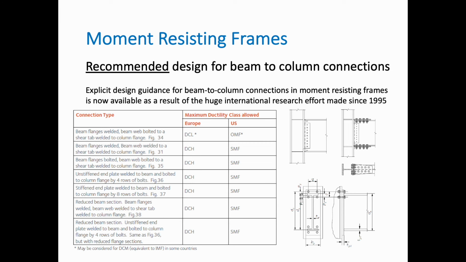So a table like this one gives some recommended design values for specific types of connections. You can check that reference and find different types of connections in different figures, and the maximum ductility class allowed for the European or US standards is given correspondingly.